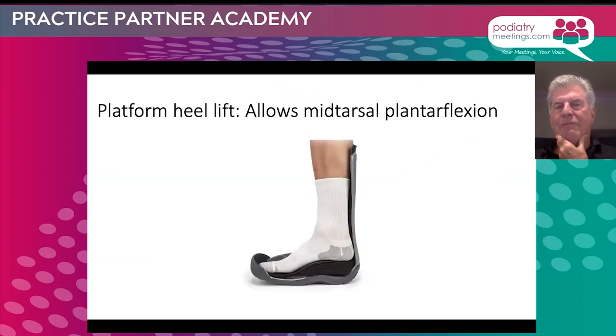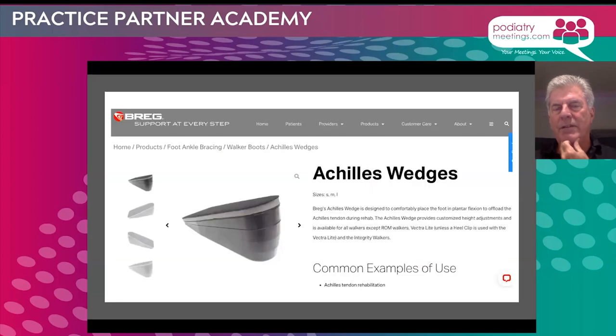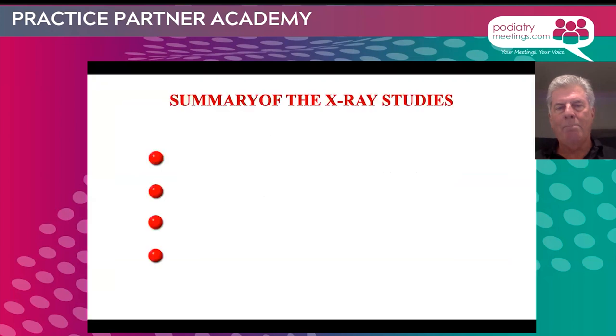If we use a platform, we're not going to allow ankle plantar flexion, only midfoot plantar flexion. Same with a very short heel lift. Tapered wedges, if they're used, must extend to the end of the foot plate of the boot, or at least to the end of the metatarsals.